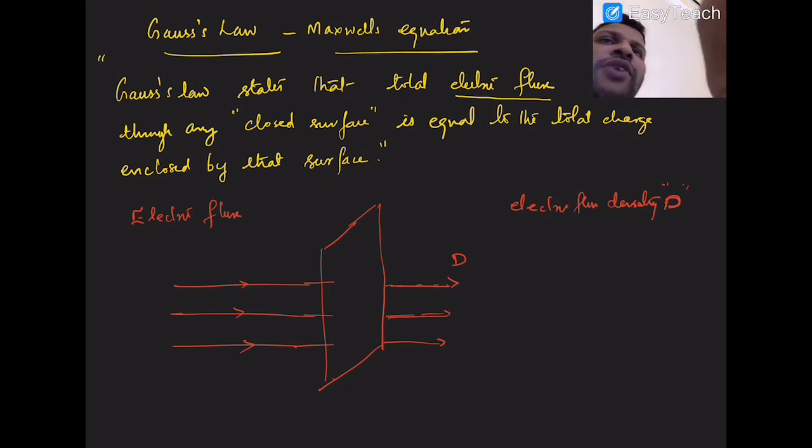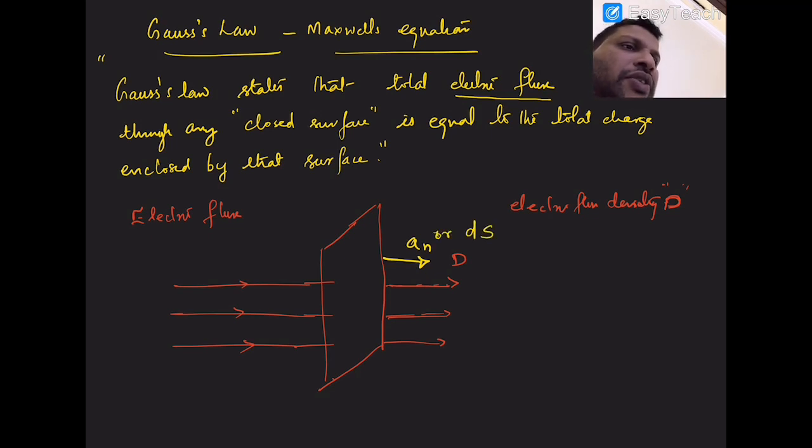In general we define the normal to the surface in this direction, which is the direction of this ds. So ds has some magnitude and the direction is the normal. Whatever be the flux, all will be penetrating through this surface.